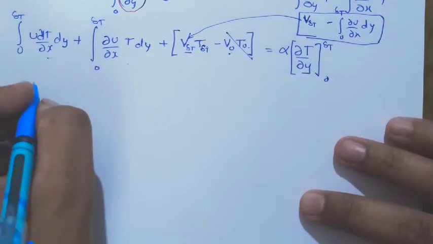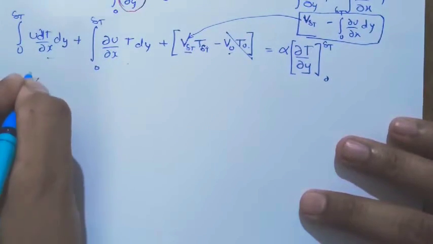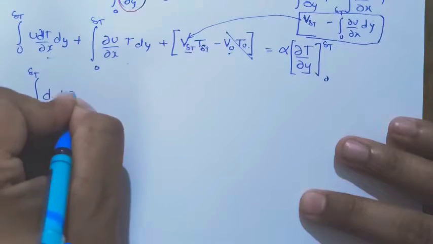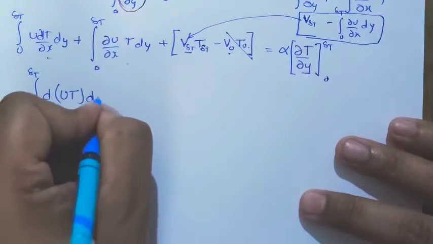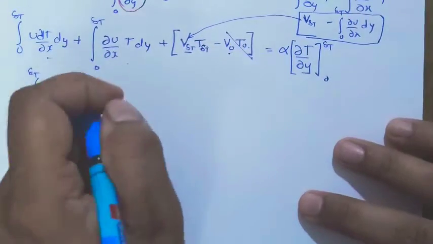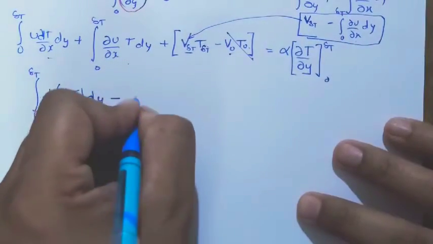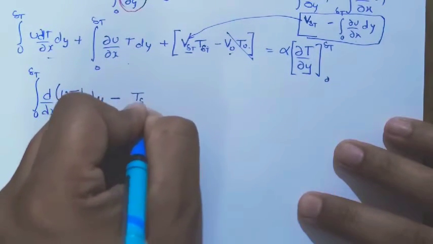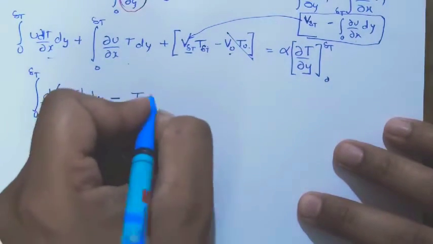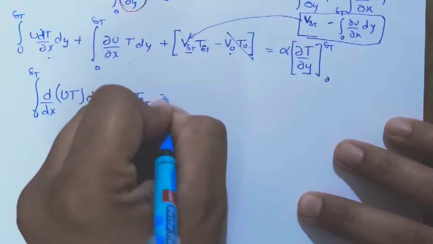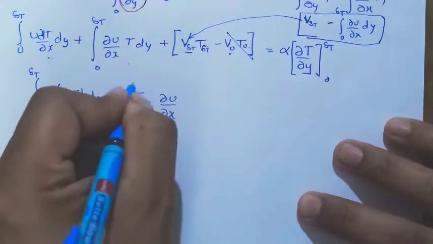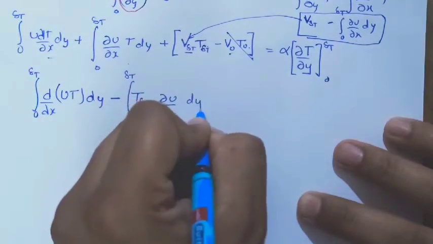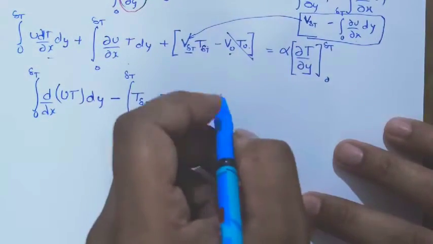So I'll get this in the form of the integral of uT dy minus T at delta T times the integral of du by dx dy, right?